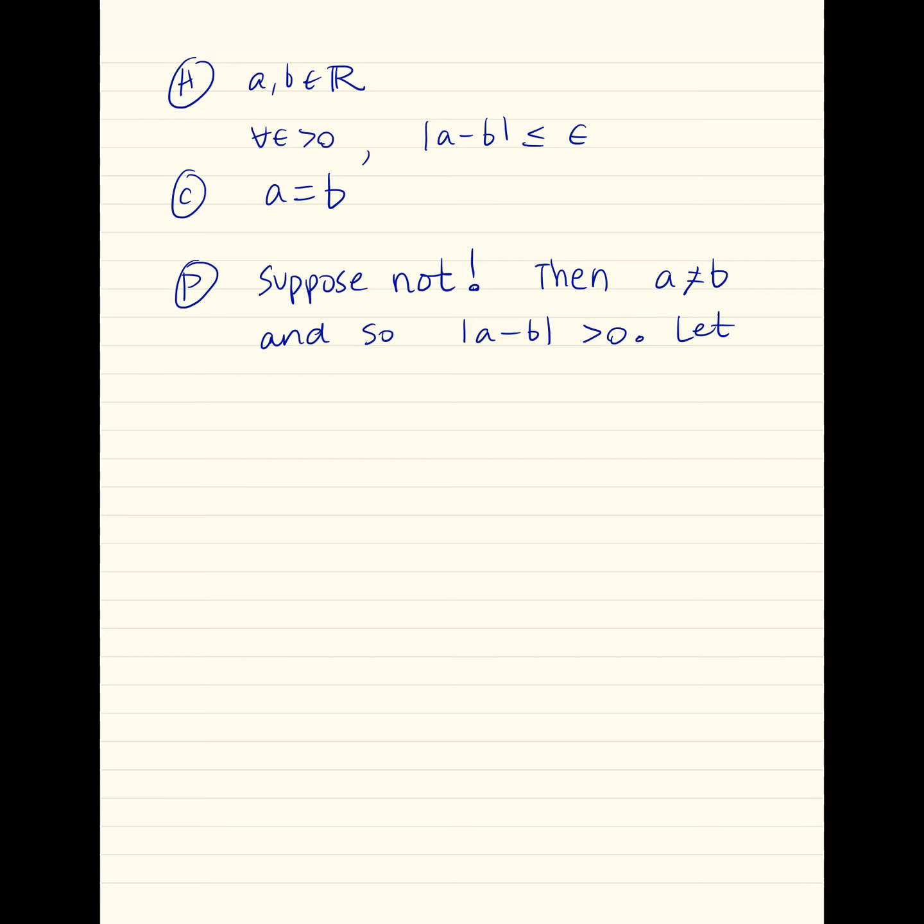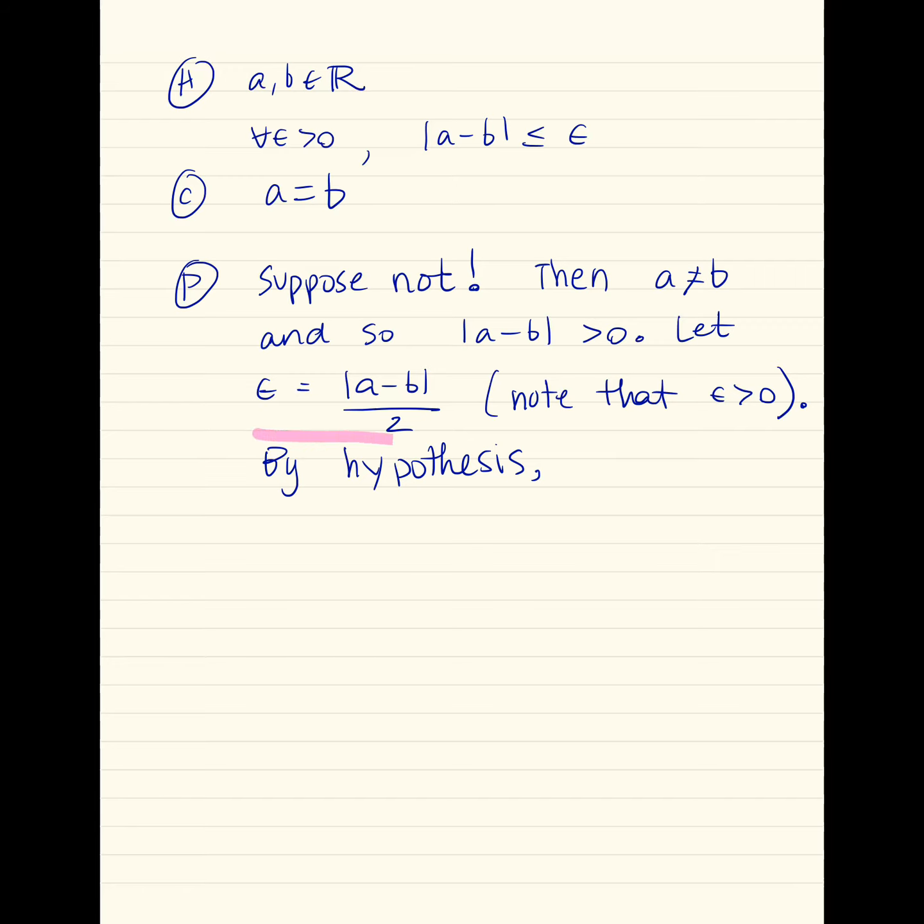Again, we're going to let epsilon equal the distance between A and B over 2, so that epsilon is bigger than 0. That's good because now, by hypothesis, since epsilon is greater than 0, for this choice of epsilon, the distance between A and B has to be less than or equal to epsilon.